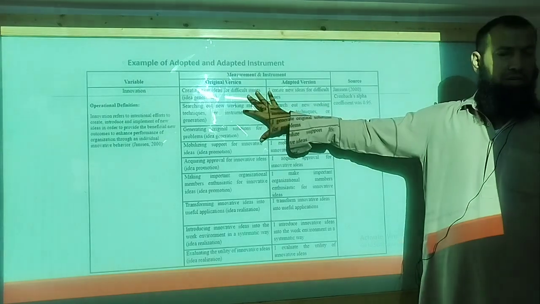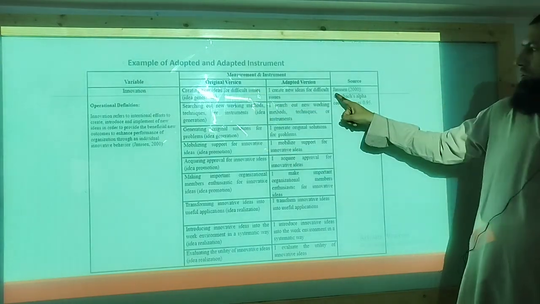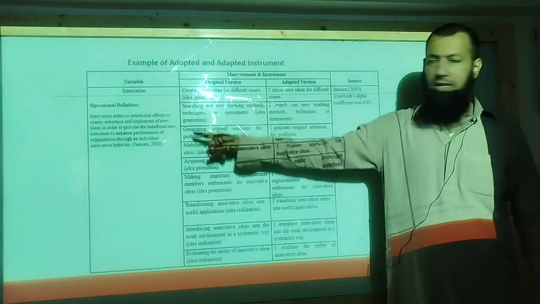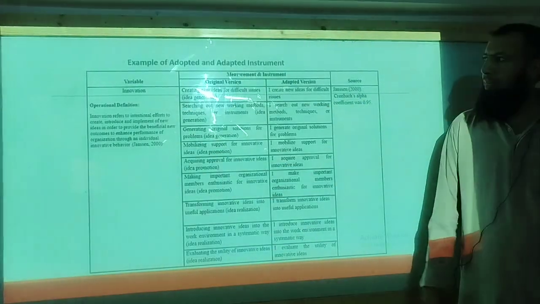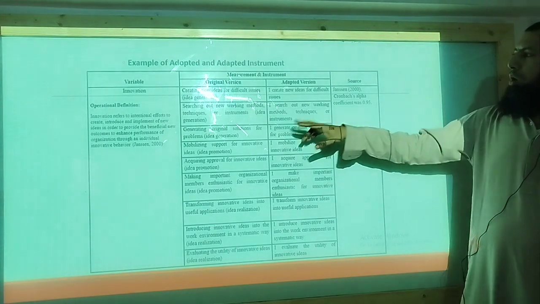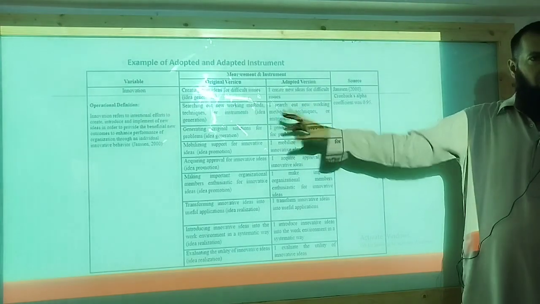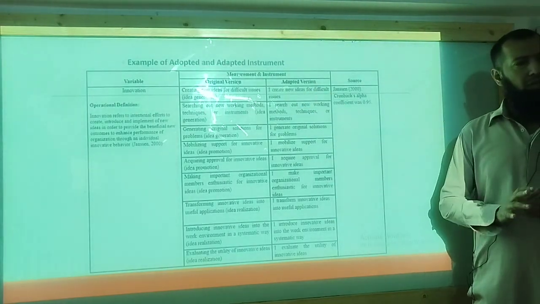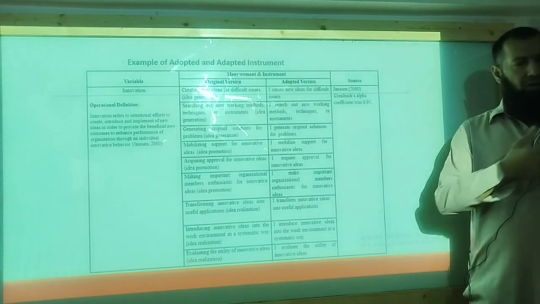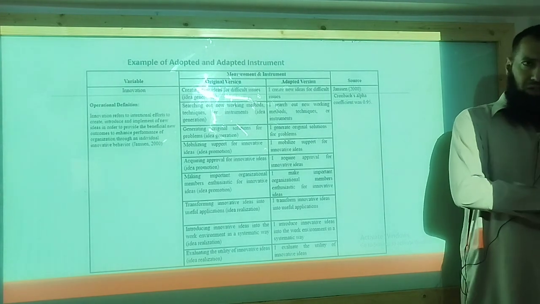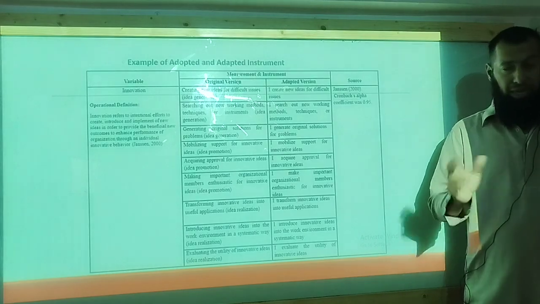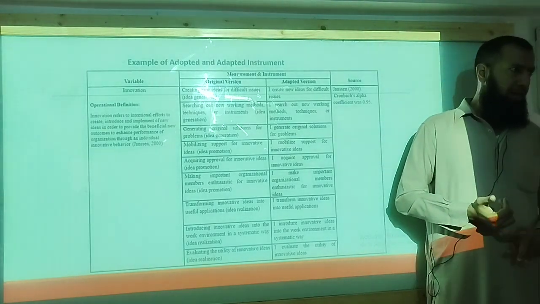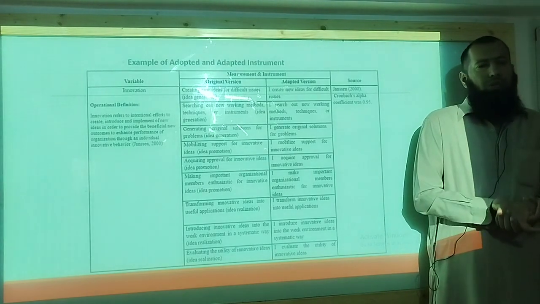So this is the original version where the researcher used. Jensen 2000 used these items to measure the variable, innovation. Now we have adapted the original version, and your items are here. So you need to explicitly define what was the previous original version and what is yours. If you are only adopting, then there is no need.